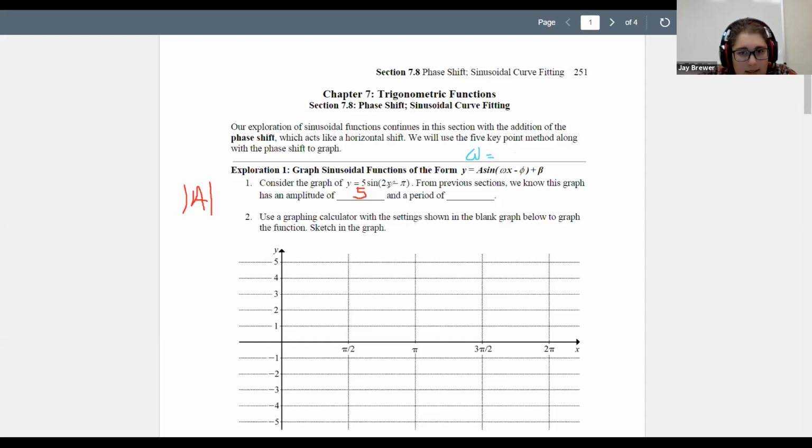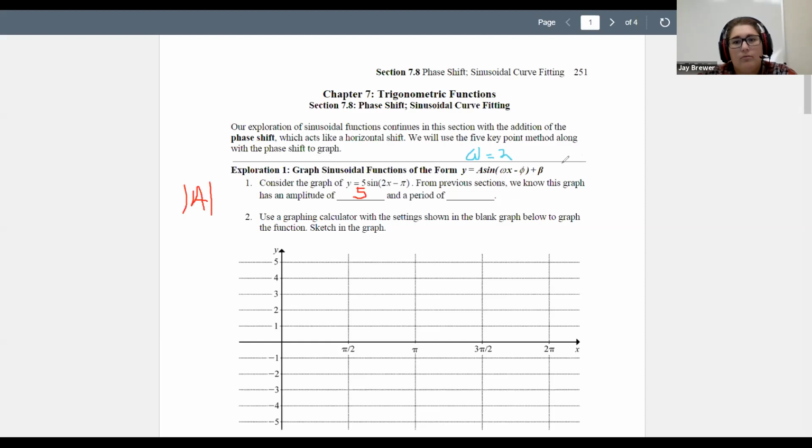And in our case, it is going to be what? What is your omega? It sits in front of the x. Yeah, it'd just be 2, wouldn't it? Yep, it is 2.